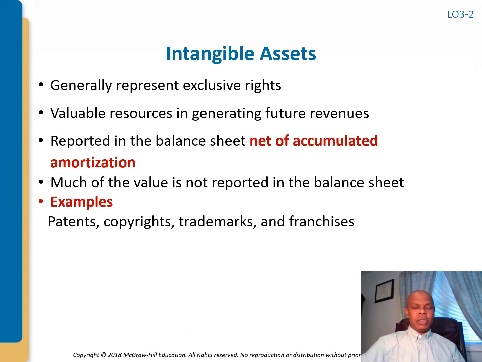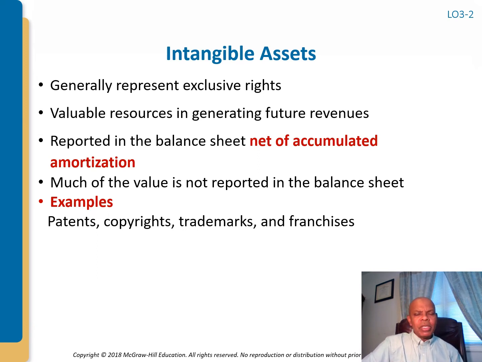We amortize goodwill over a 15-year period. That's for tax purposes. You can deduct the amortization expense for goodwill, but not for book purposes. GAAP doesn't want you to amortize the goodwill, but you amortize other items.